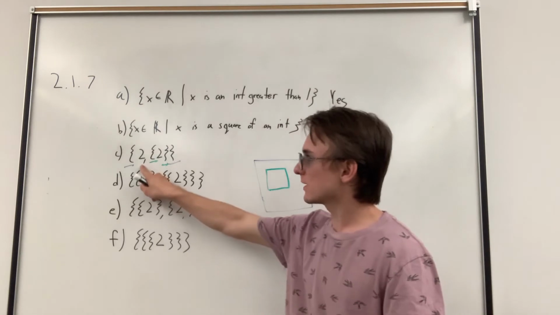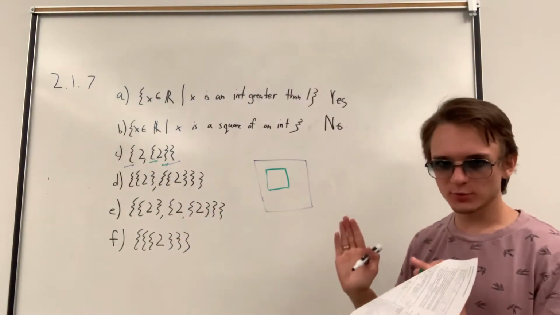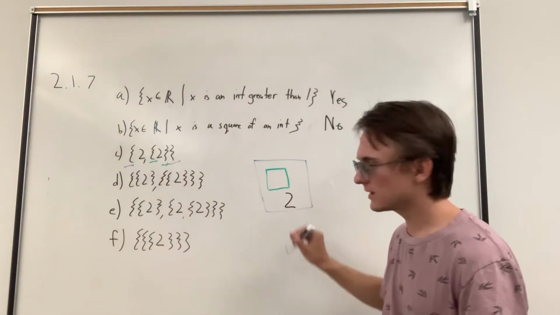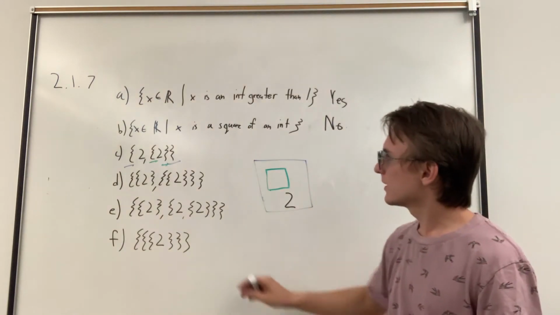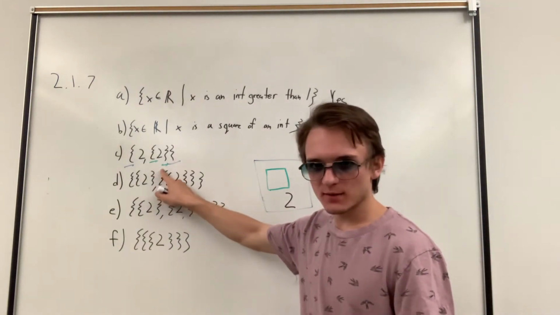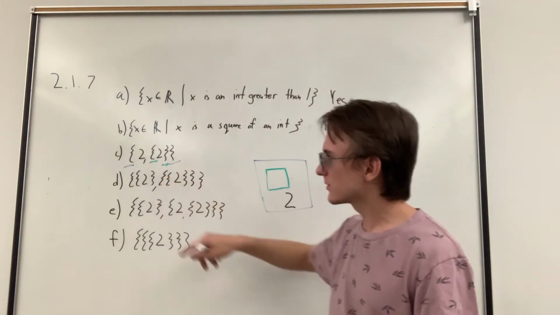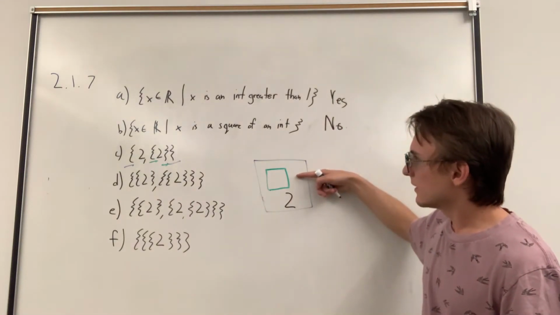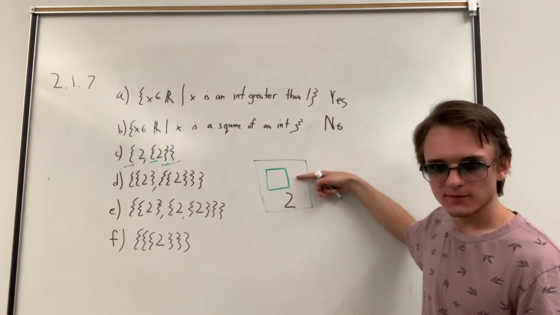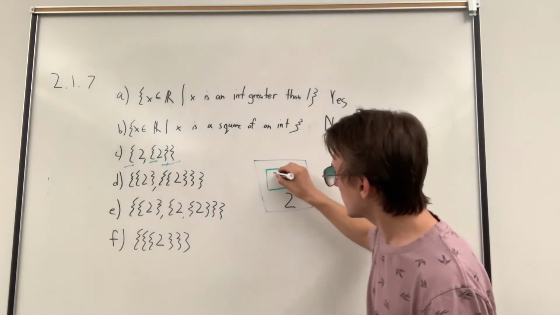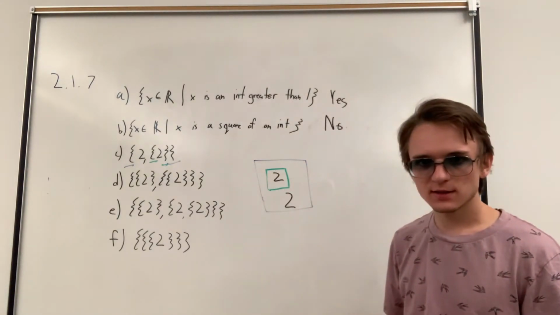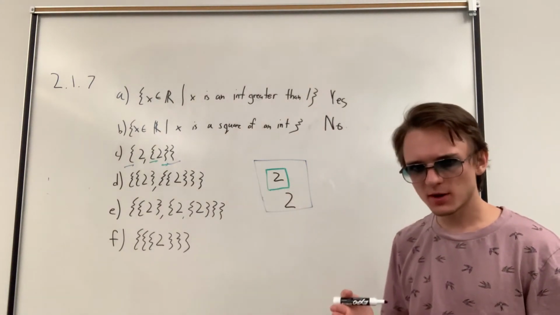Well, we know that the element 2 is contained in our blue parentheses. It's contained in the outer box. And we have a set of inner parentheses, or curly brackets, whatever. But this itself is another set. Now, 2 is contained in those curly brackets. It is contained in that set, or in that box.